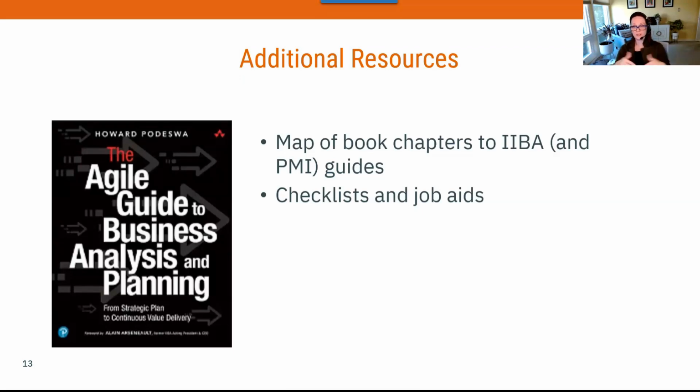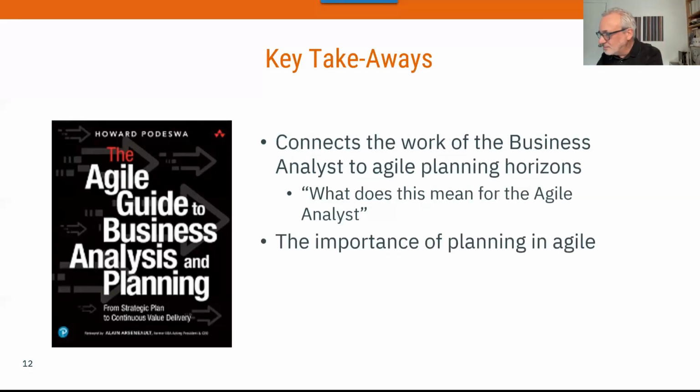I think you can actually even export it from this book, so you can see where these things align. But yes, the key takeaway in this book is you're connecting the work of the business analyst to those agile planning horizons.